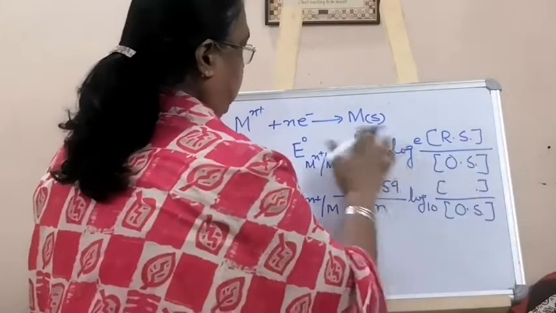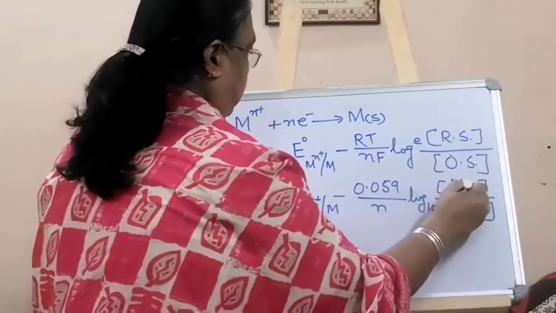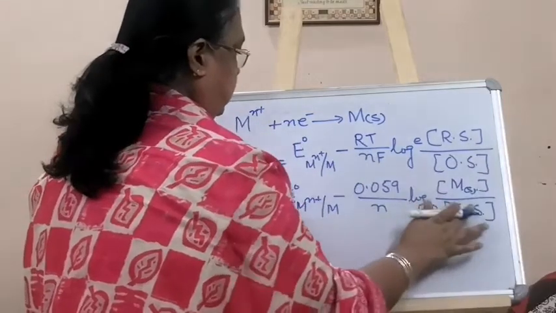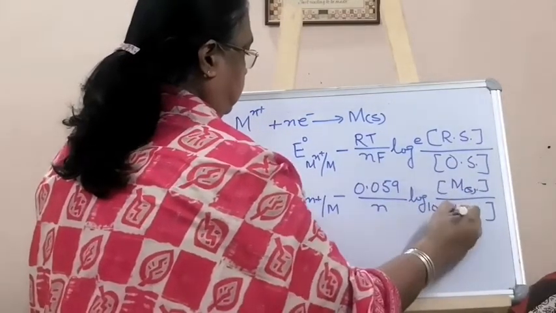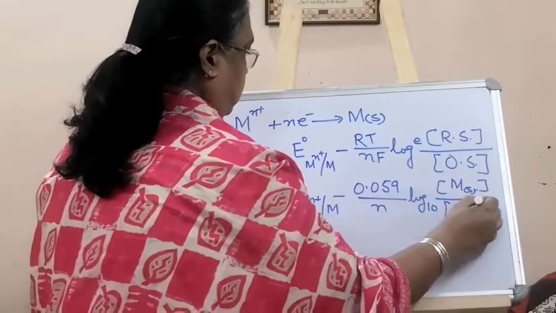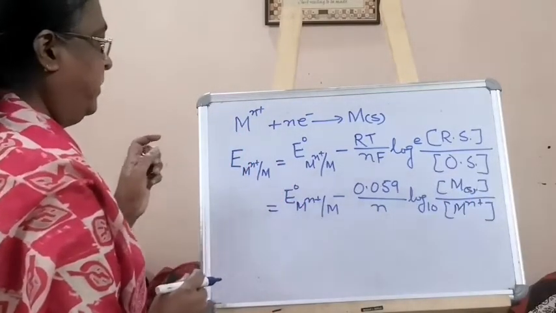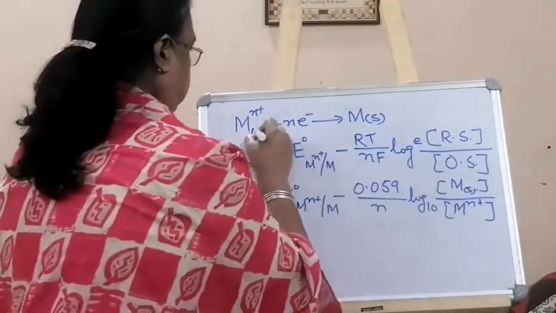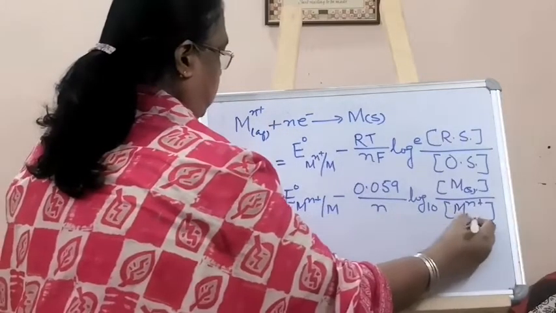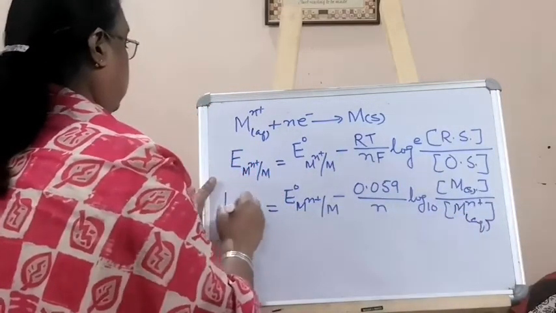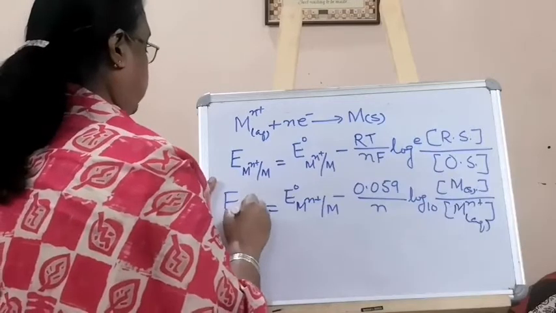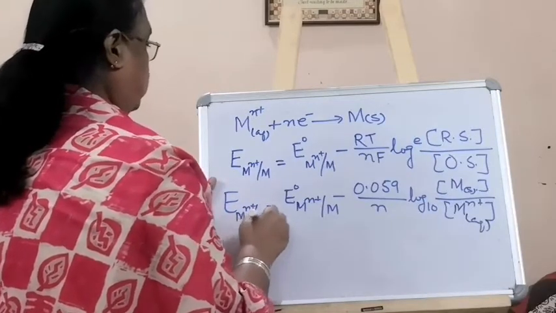Our reduced state is this and our oxidized state is this, each aqueous. This is the Nernst equation which is used for numericals.